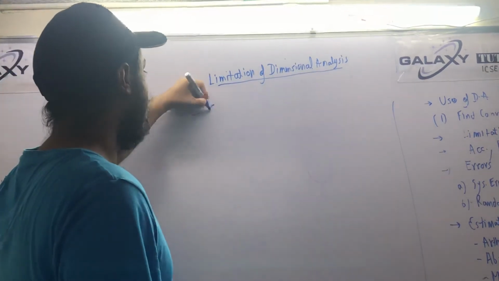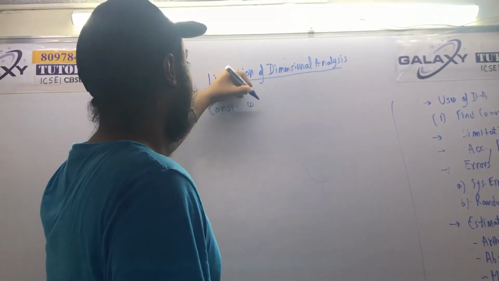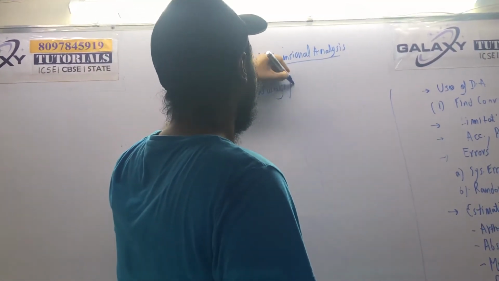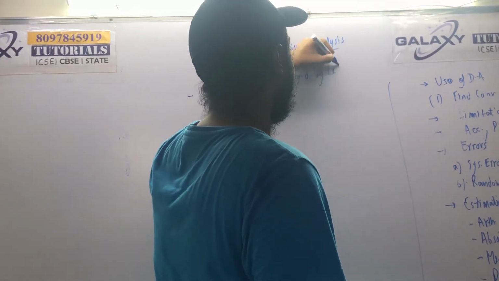Yes, the constant you can only find by experimenting. Constant is always found by experiments.